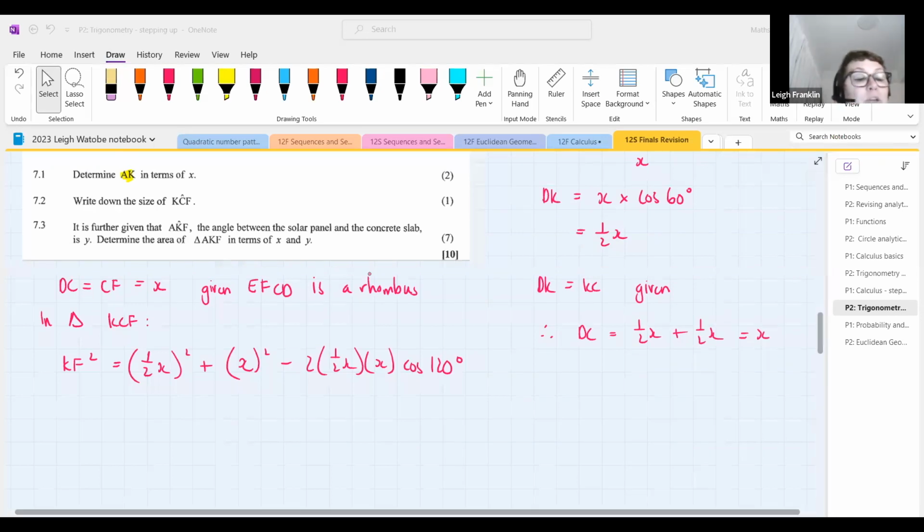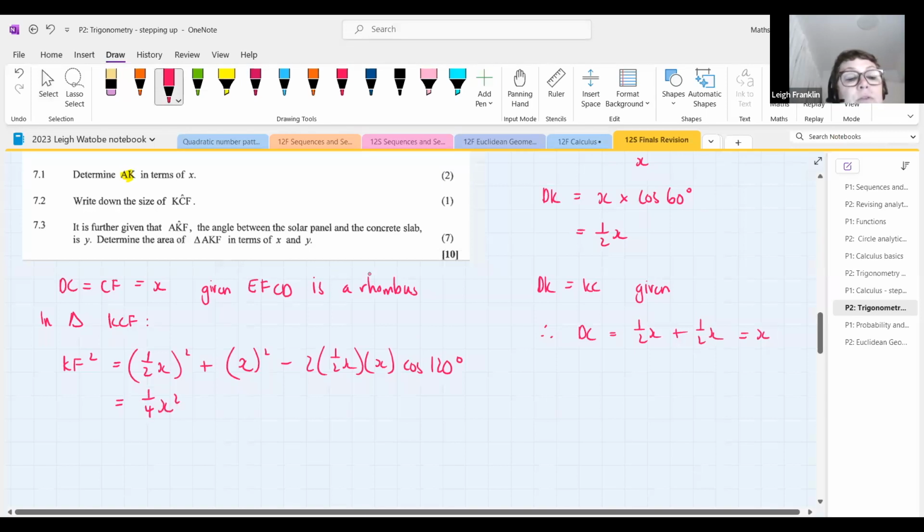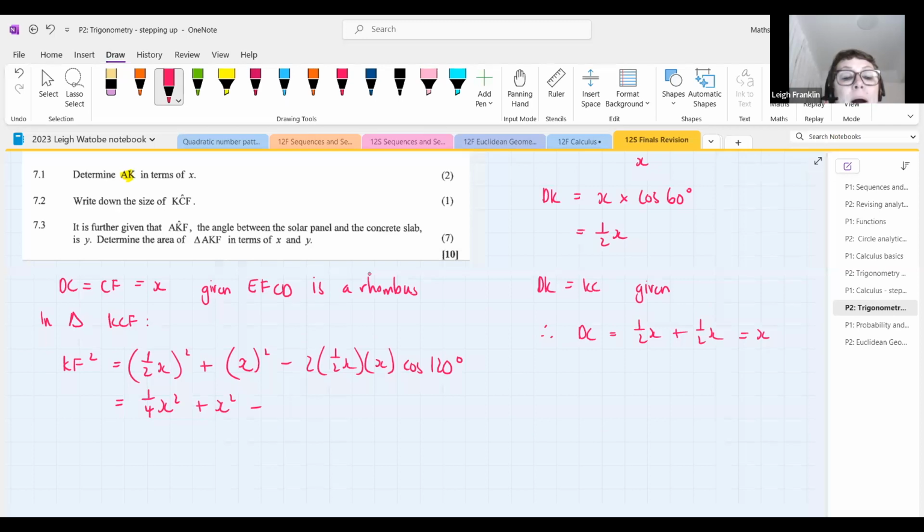Okay, so now we've got 1/4 X squared plus X squared minus X squared, and then times the cos of 120.